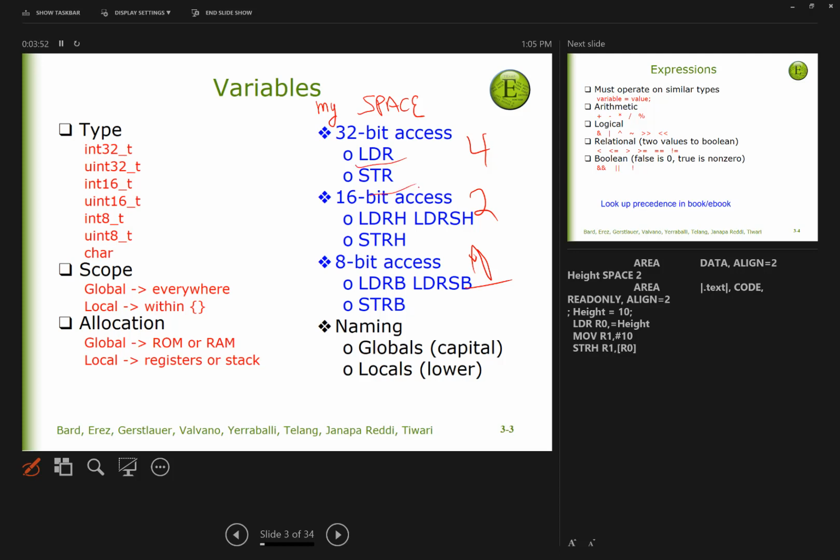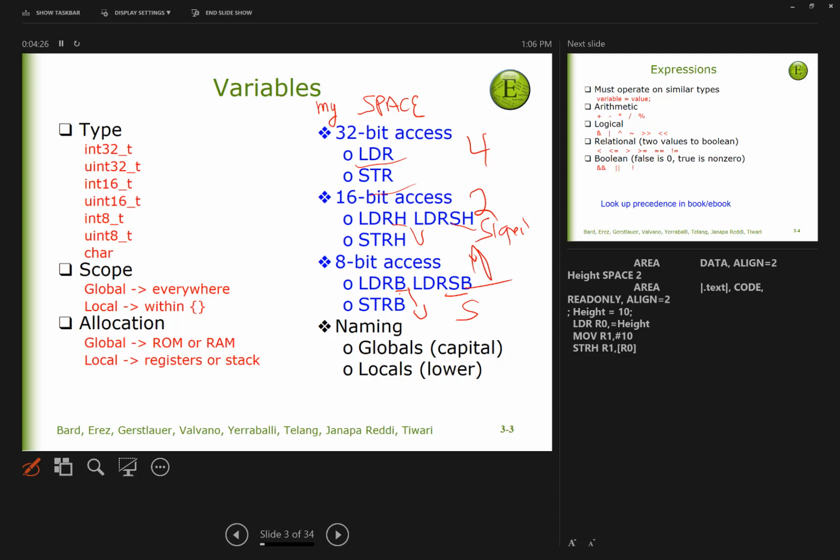And as you saw from reading the book, if I want to access a 16-bit variable, I'm going to use an H. And if it's a signed 16-bit number, I'm going to use an SH. So unsigned, signed. And then if it's an 8-bit variable, there's going to be a B in there. This stands for half word. That stands for byte. If it's a signed 8-bit number, it's SB. And if it's unsigned 8-bit, it's a B. And then when I store, it'll be a B.